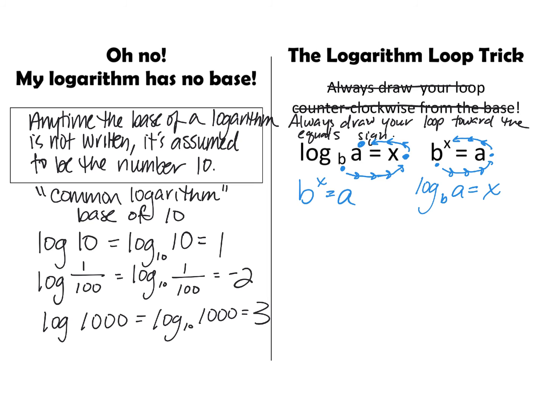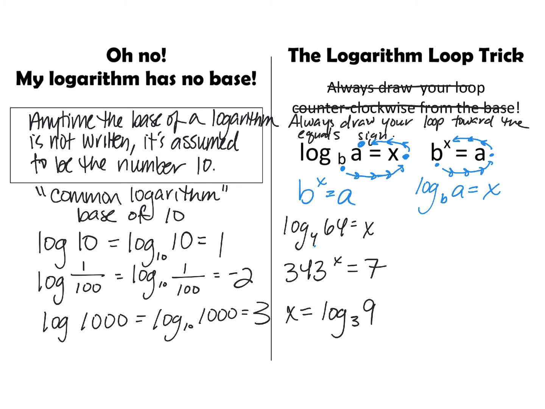So let's look at a couple of different examples. We've got log base 4 of 64 equals x. 343 to the x equals 7. And then x equals log base 3 of 9. So let's do the log loop trick on these.